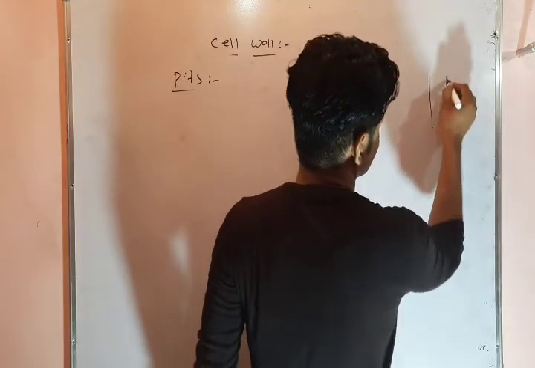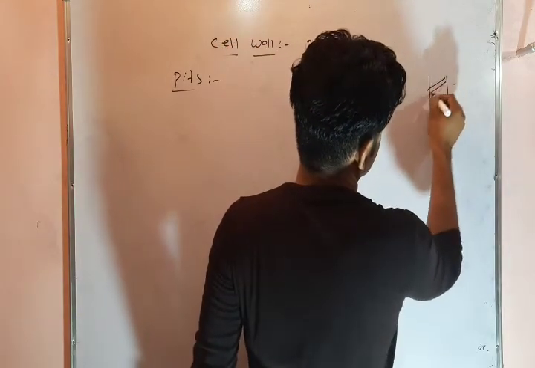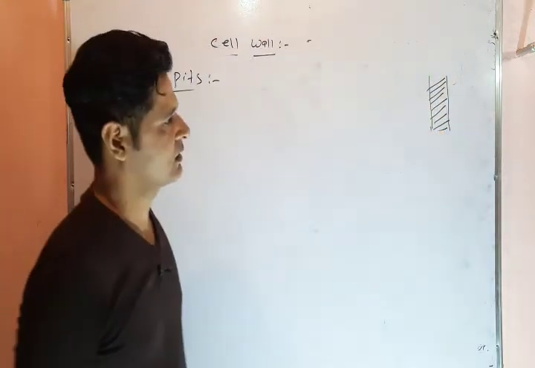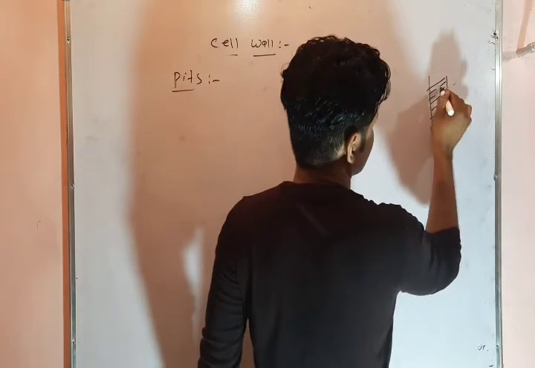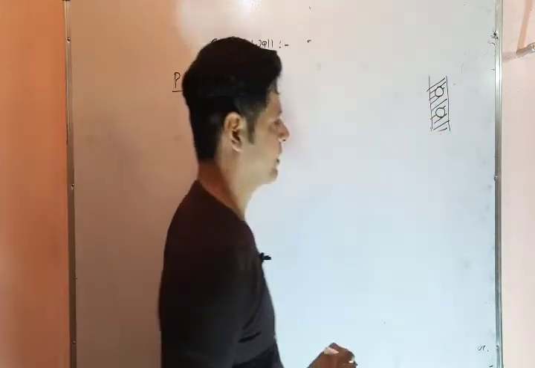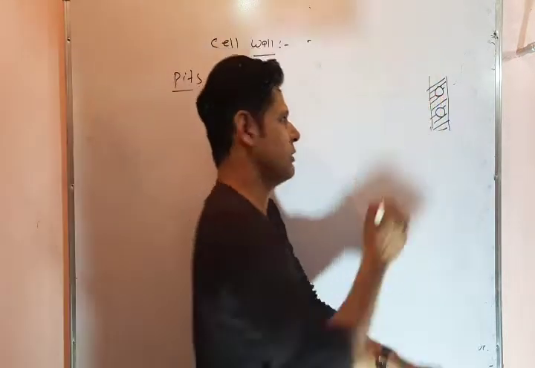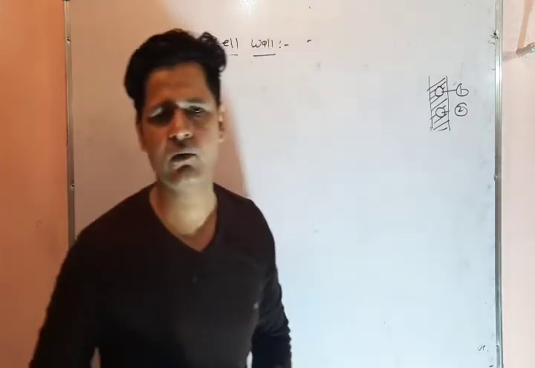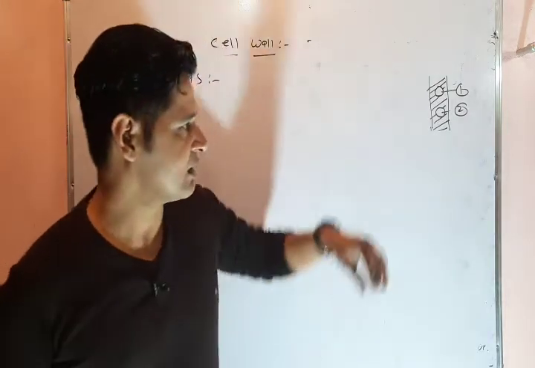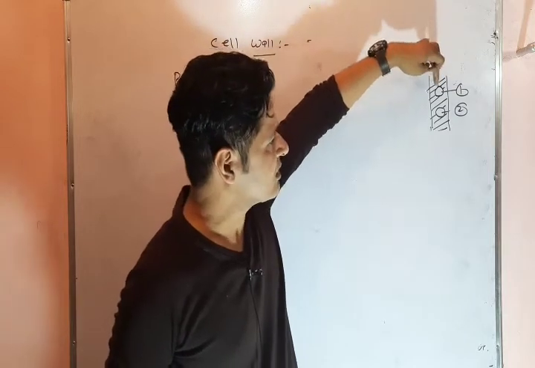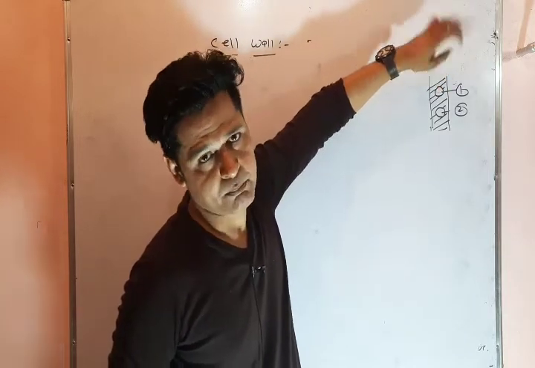Consider here, this is the cell, and this is the deposition of lignin. This is a circular part, and this is also a circular part. In both part 1 and part 2 there is no lignin, meaning there is no deposition of lignin, so this part is known as a pit.